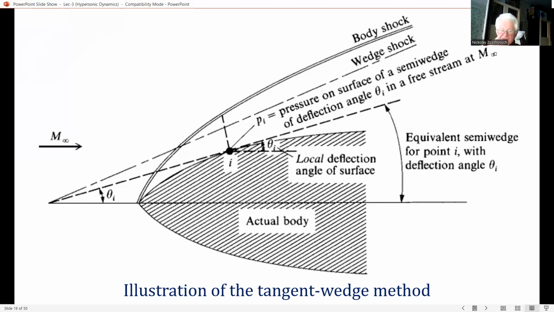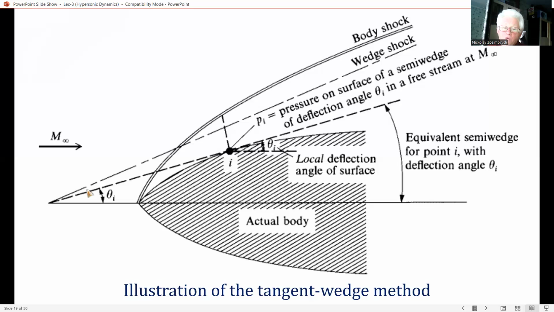So consider the two-dimensional body shown as the hatched area in this slide, and assume that the nose of the body is pointy and that the local surface inclination angle is theta.